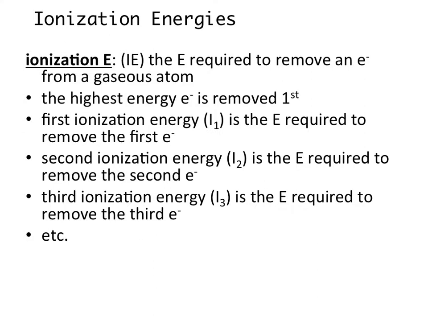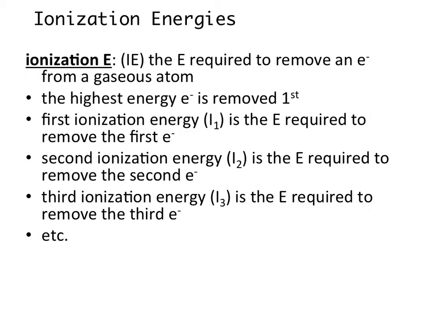Now, there's different types of ionization energy. The highest energy electron, so the one that's farthest away from the nucleus, is going to be the one that's removed first. So, the first ionization energy, or IE1 or I1, there's different types of notations. First ionization energy is the energy required to remove the first electron.